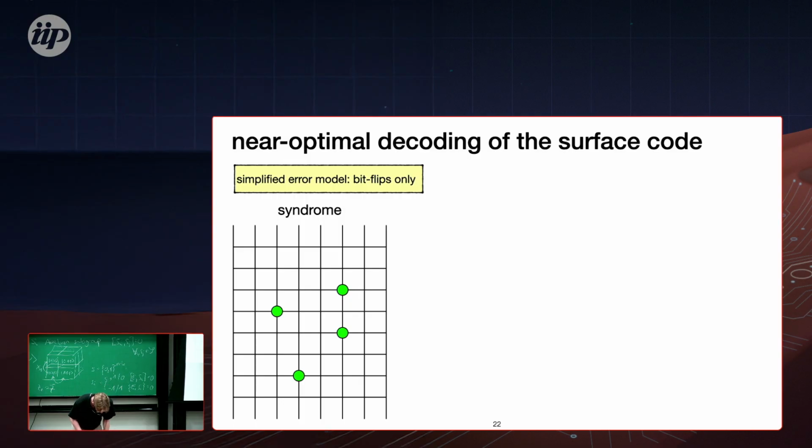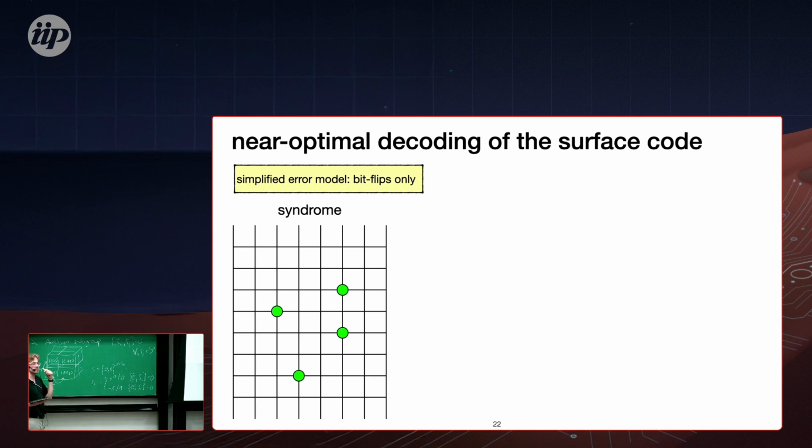So again, bit flips can now happen on each of the edges of this lattice where qubits sit. And I indicate, because we don't know where the bit flips actually sit, we just know the plus or minus 1 outcomes of the stabilizer measurements, with these green circles where the syndrome measurements have actually been -1.